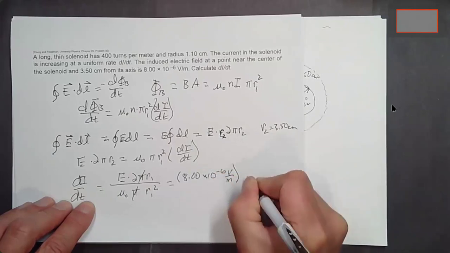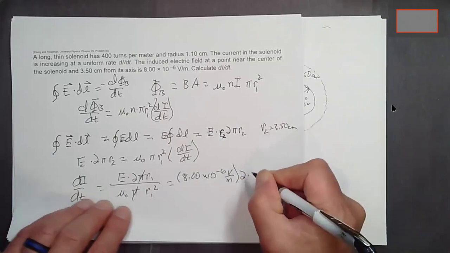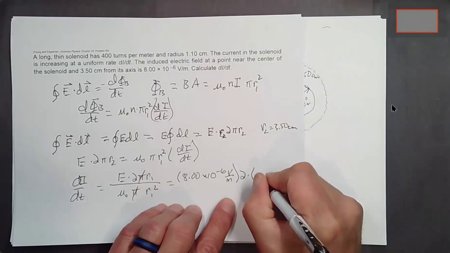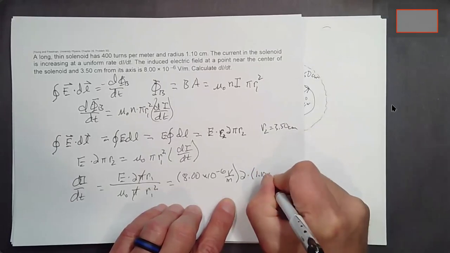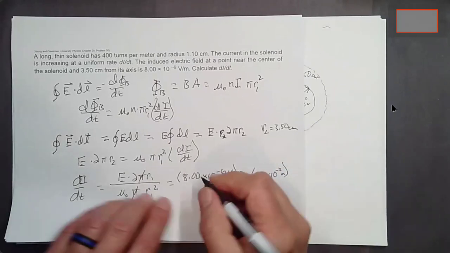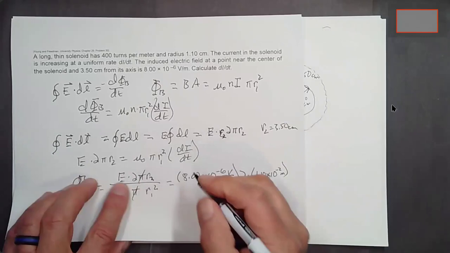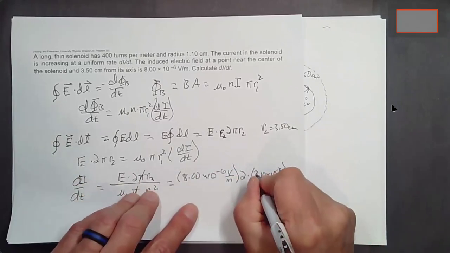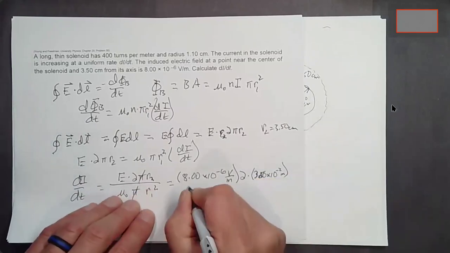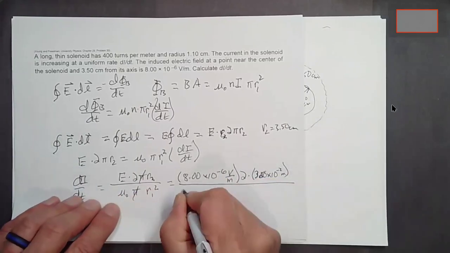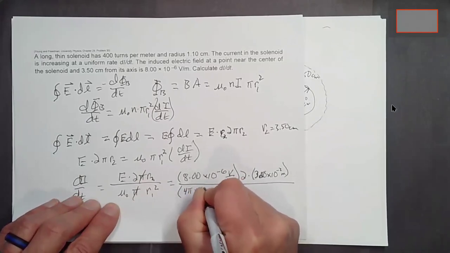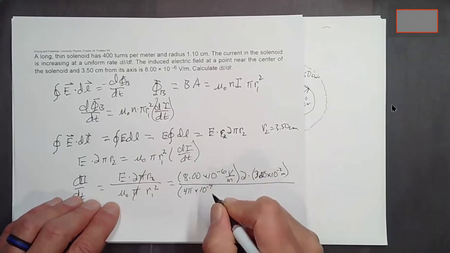And the units might be fun on this. 2 times R2, whoops, that was supposed to be R2 up there, which is 3.50 times 10 to the minus 2 meters. And then on the bottom down here, I've got mu naught, which is 4 pi times 10 to the minus 7.